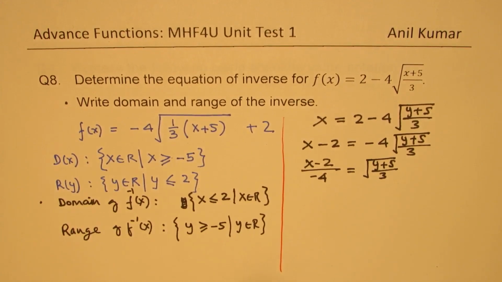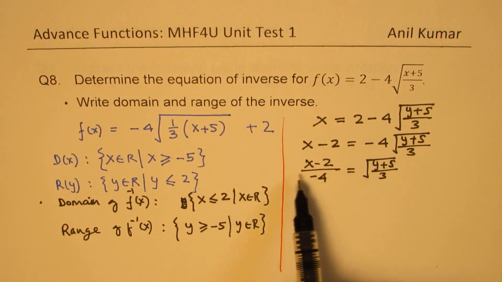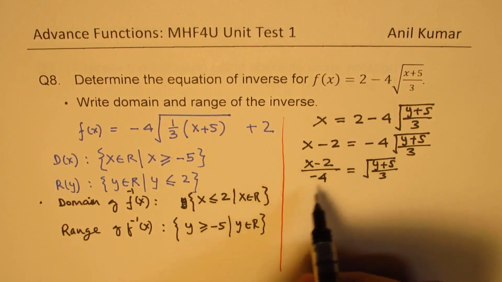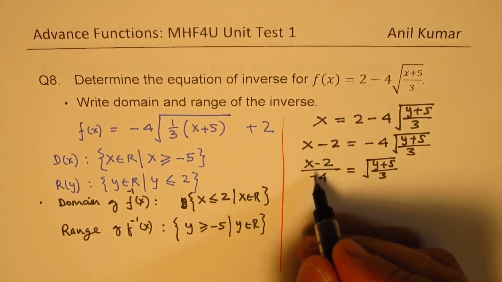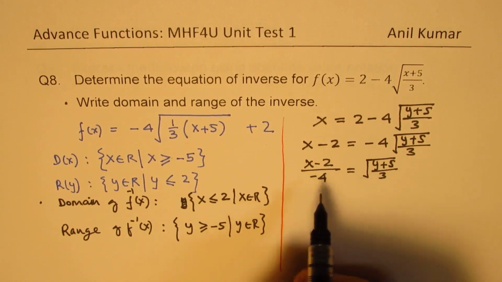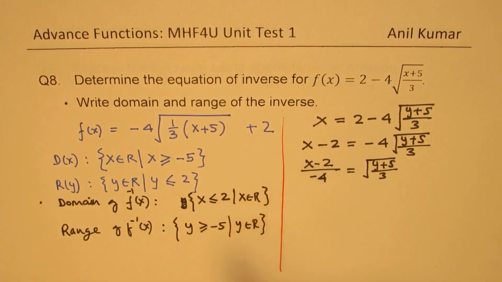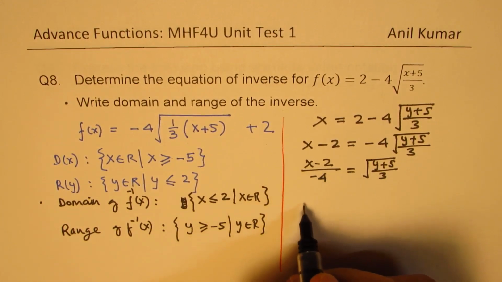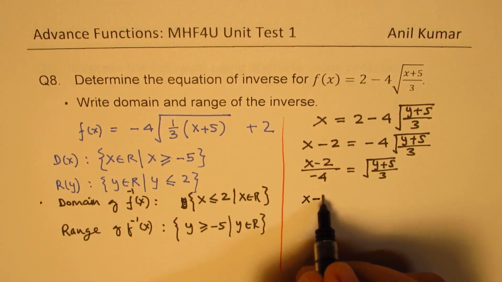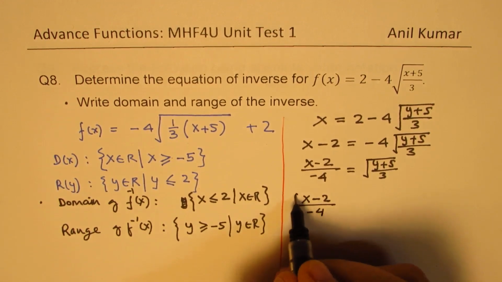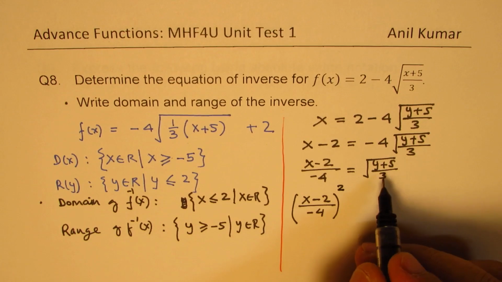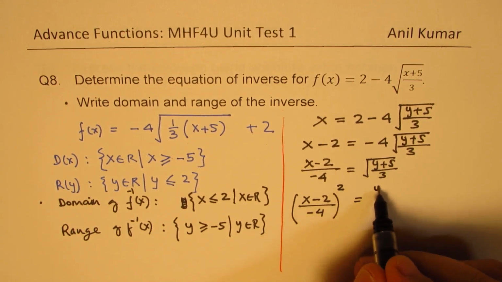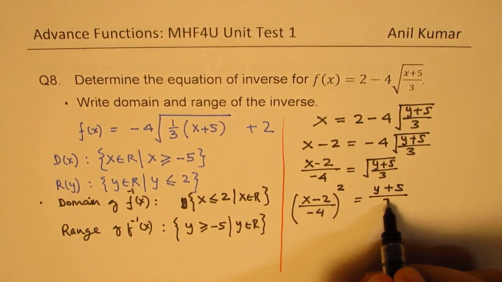Correct? Now, in this particular function, we have to square both sides. Let's keep it like this itself, and then we can change this. What I'm trying to say is this is a negative sign, so we can take 2 minus x also. We could do that. Anyway, let's keep it like this. So we have (x minus 2 over minus 4) whole square equals (y plus 5) over 3.